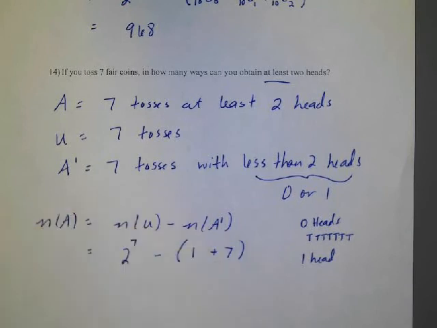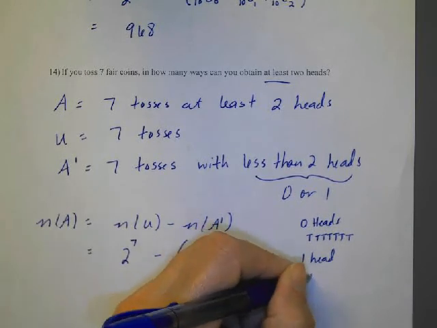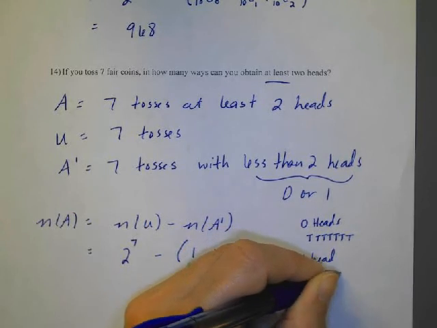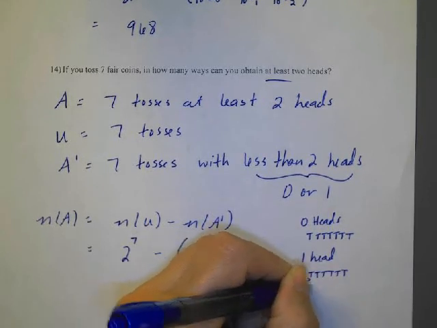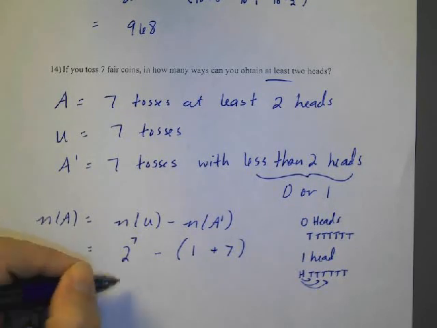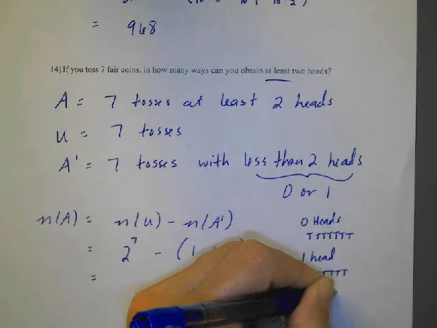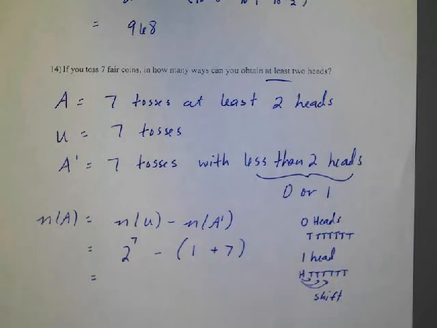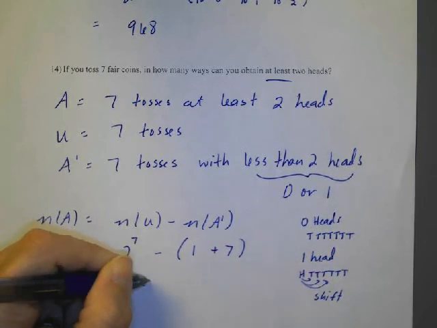So there's 7 ways to get an option that has, so here's an example, head, and then you could have 6 tails, but that head can move around. That head can shift around. So we get 120.